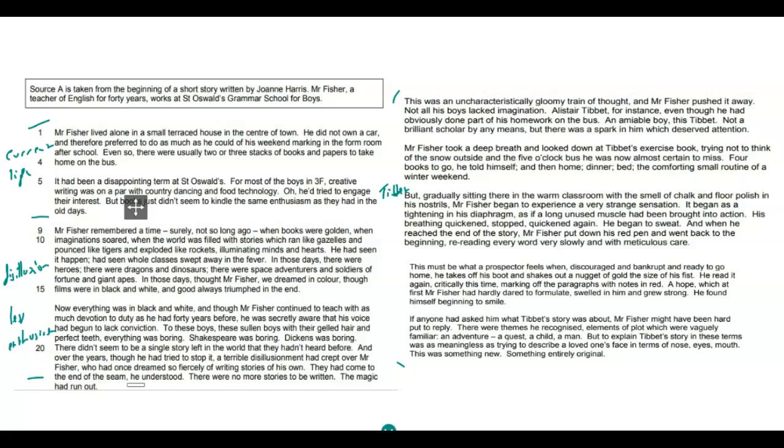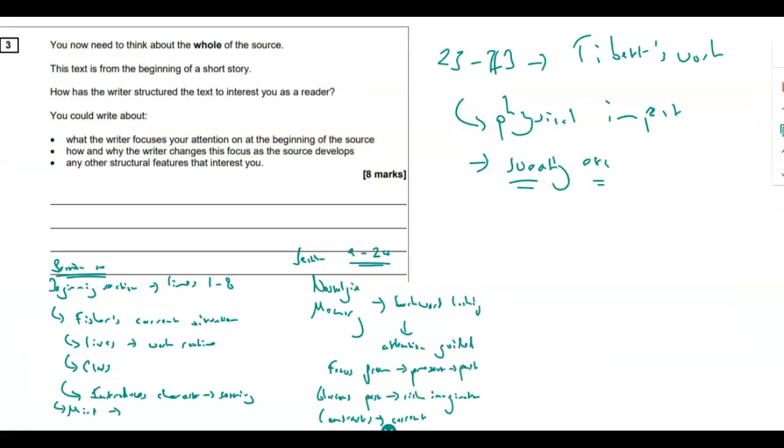And it goes a step further and really goes into the inner thoughts of Mr. Fisher, and reflections here. And he describes himself as similar to a prospector finding gold.